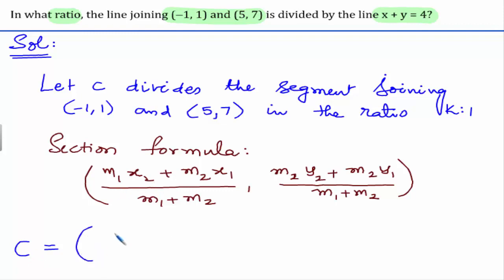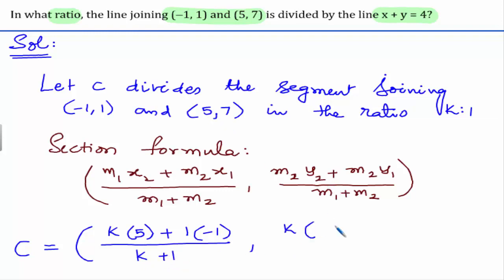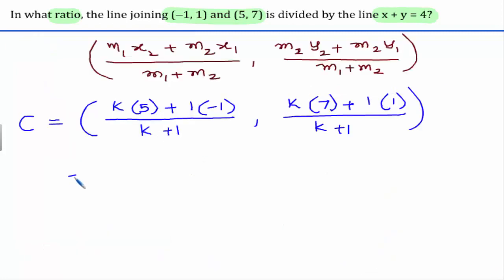Let us use this formula now to find out the point C. That is k into x2, which is 5, plus 1 into x1, which is minus 1, by k plus 1, and here k into y2, which is 7, plus 1 into y1, which is 1, by k plus 1. This will give us 5k minus 1 by k plus 1, 7k plus 1 by k plus 1.